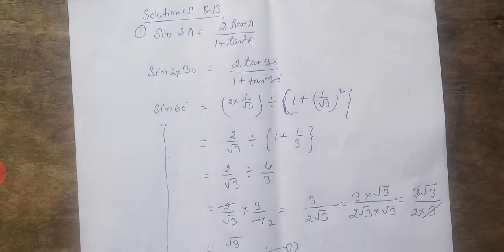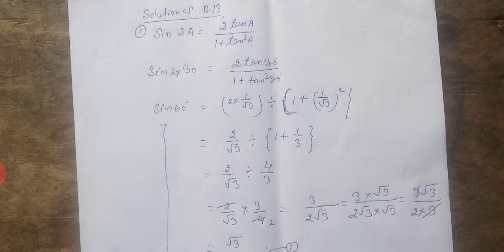Sin 2A is equal to 2 into tan A by 1 plus tan square A. Sin 2 into 30 degree is equal to 2 into tan 30 degree divided by 1 plus tan square 30 degree. Putting the value of tan 30 degree in the expression, and the value of sin 60 degree, as we know, is root 3 by 2.